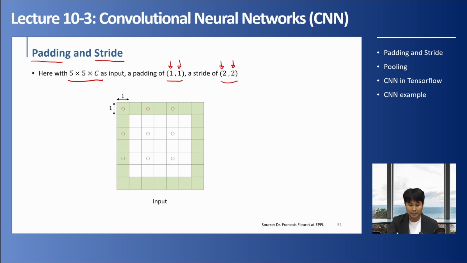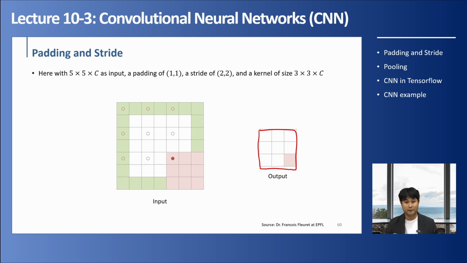Because we have an equal amount of padding for both axes, you would have an equal border padded throughout the input image, and also the stride, because it is identical in both axes, moves 2 steps to the right, or horizontally, and 2 steps vertically.